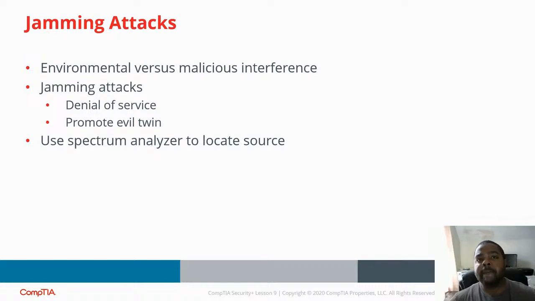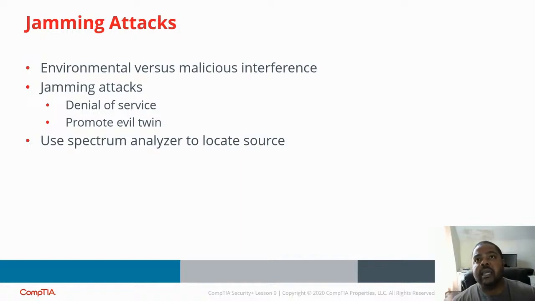If you're old school like me, we grew up on radios with antennas. If your antenna was not in the perfect setting, you would get a lot of static in the radio station, so it wouldn't come in as clear as you would want. You could think of that static as a jamming type of attack, where I can hear it, I just can't hear it as clear as I would like.